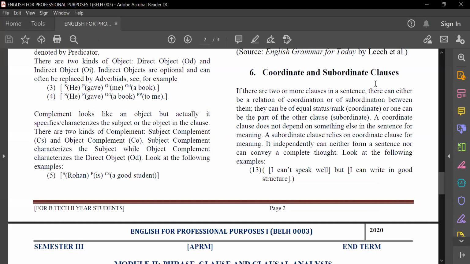Then the question comes: what exactly should the relation be? Whether the two clauses are coordinating each other, I mean, they're helping each other. So there are two independent clauses. Both of the clauses can work in isolation, but still we are using them just to form that combination.